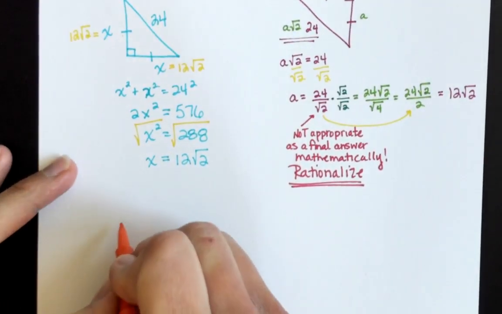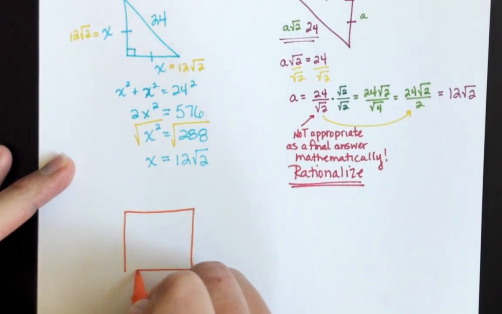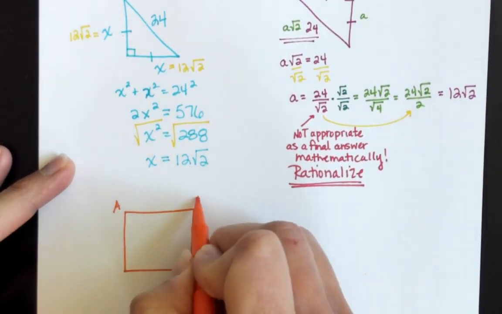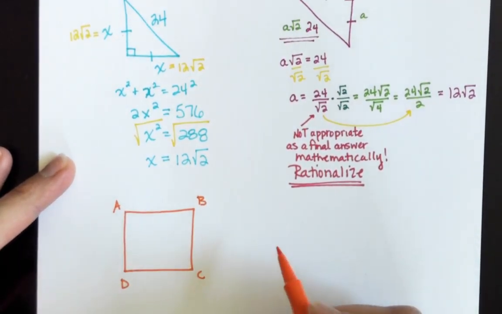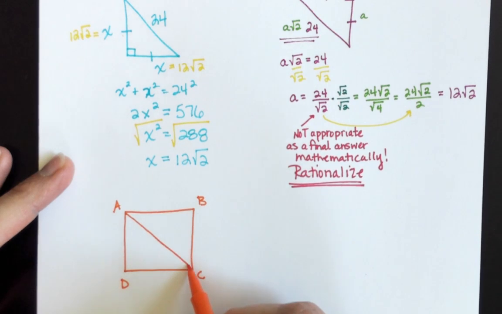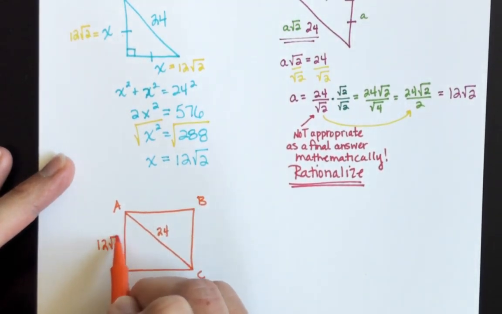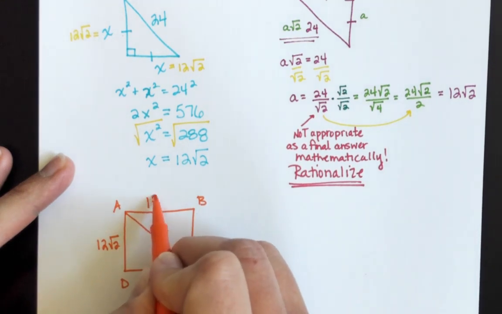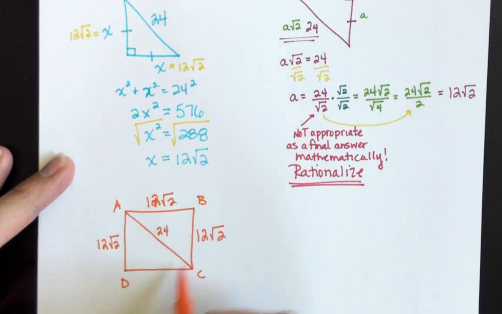We're going to draw our A, B, C, D again. And now we found out that even though our diagonal was 24, every one of these sides is 12 radical 2.